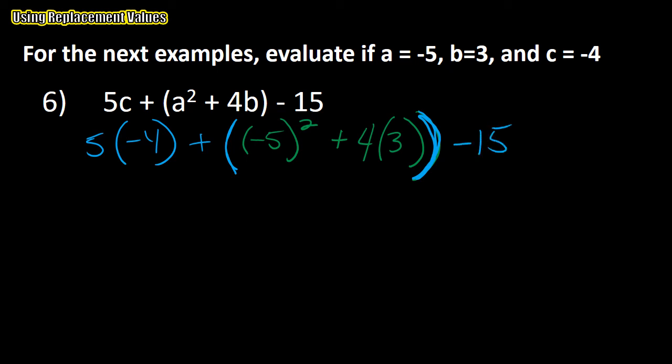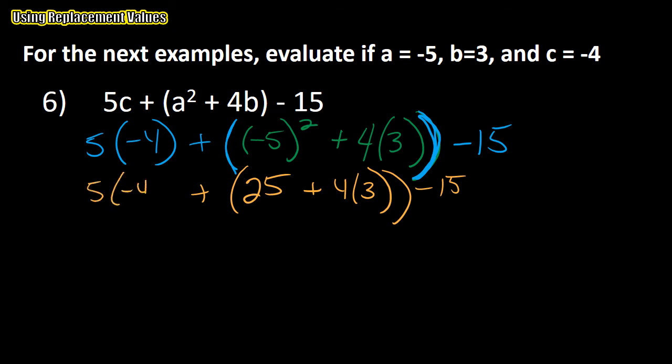So let's go ahead and do everything inside the parentheses first. So I have negative 5 squared. Negative 5 times negative 5 is positive 25 plus 4 times 3. I'm going to put that in parentheses again. Negative 15 plus, and then let's rewrite everything. So I'm going to do it one step at a time to make sure I'm accurate.